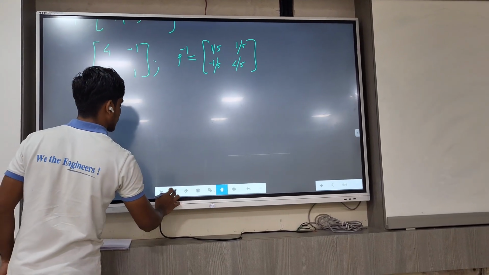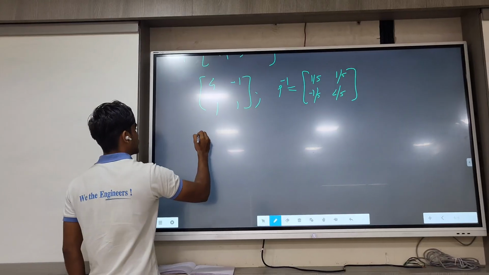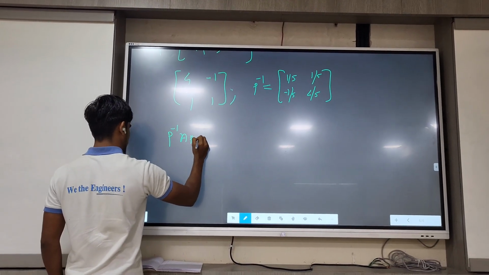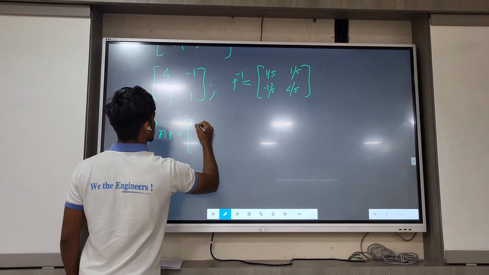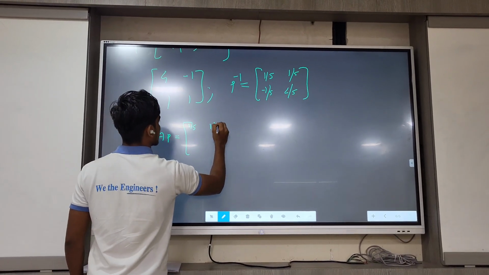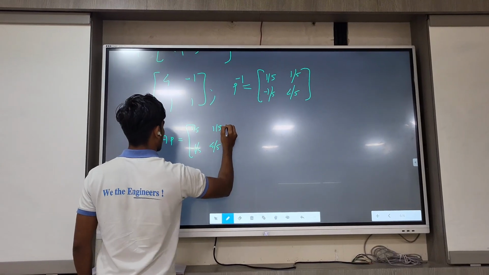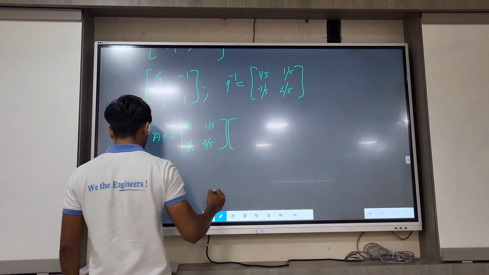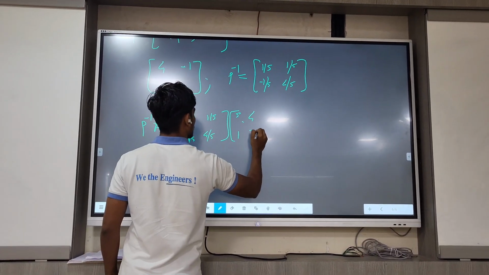So we have P right now and P inverse, and then we have to do P inverse A P. So after doing that, what is P inverse? 1 upon 5, 1 upon 5, minus 1 upon 5, and 4 upon 5. And what is A? A is 5, 4, 1, 2.